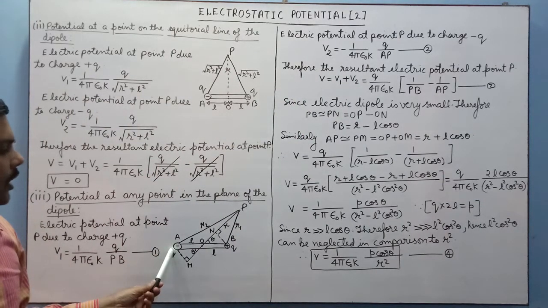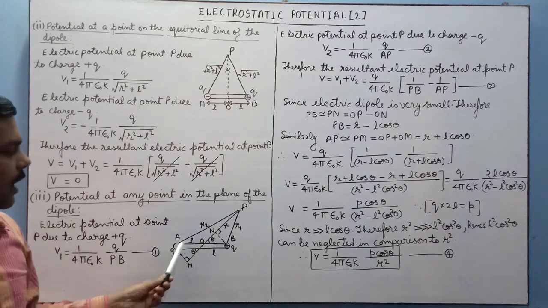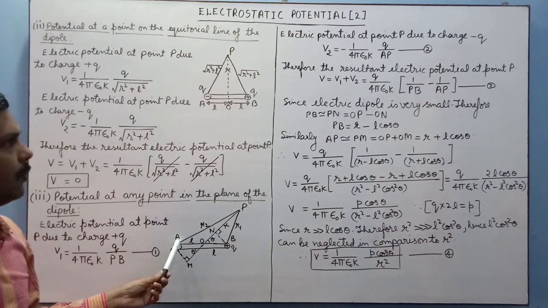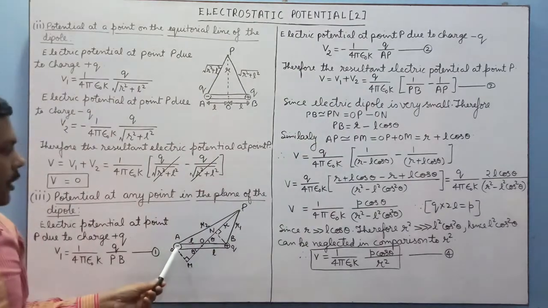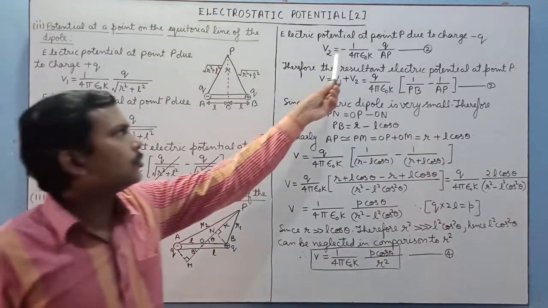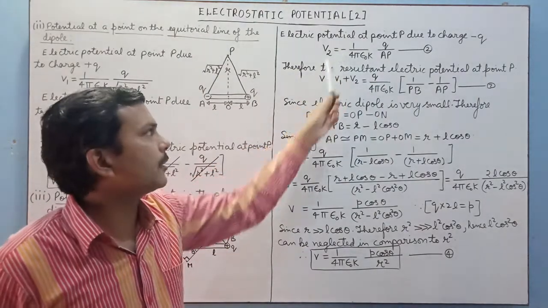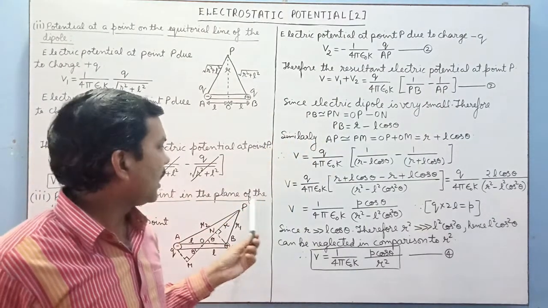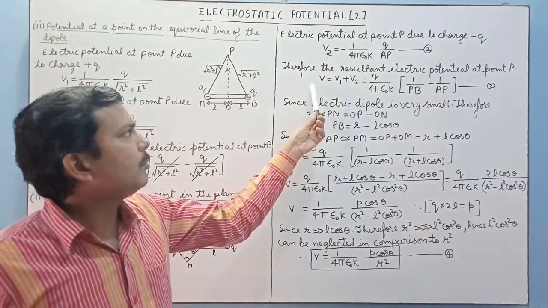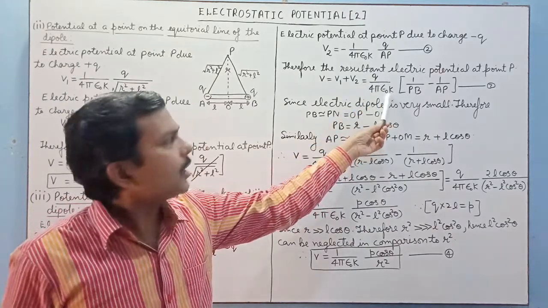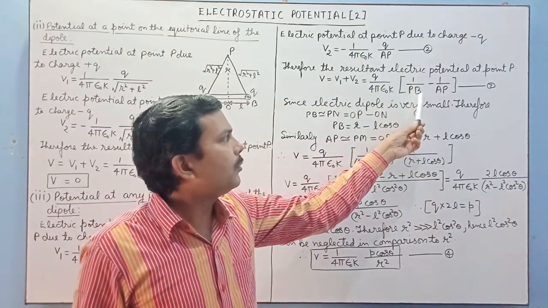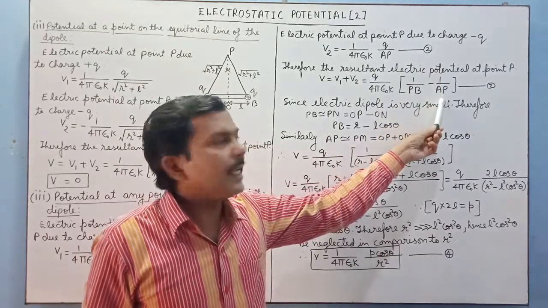The distance of charge minus q from point P is AP, we may write here AP. Also potential due to negative charge is negative, so here will be a negative sign. Therefore the resultant potential at point P will be V1 plus V2. You will get q upon 4 pi epsilon 0, k times 1 upon PB minus 1 upon AP.